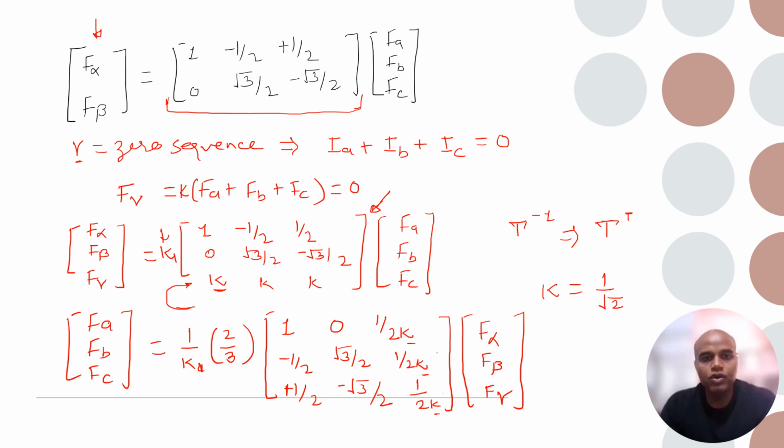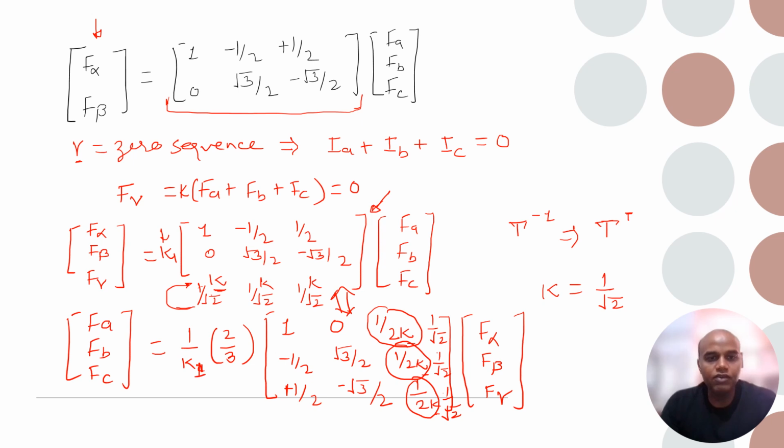And in the same way, this row will also become 1 by root 2 instead of K, and so will the others. So now this matrix becomes the transpose of this matrix. The inverse is nothing but the transpose.